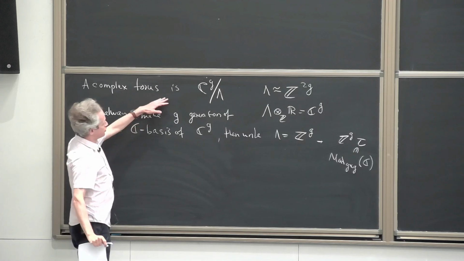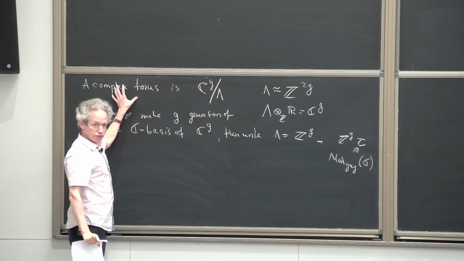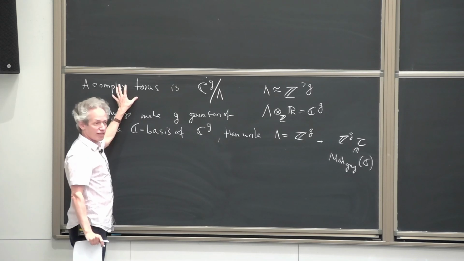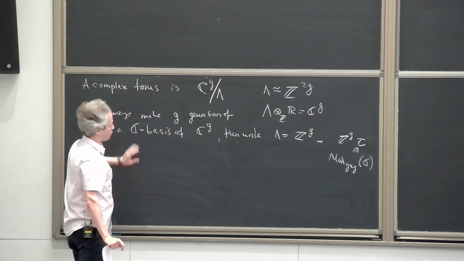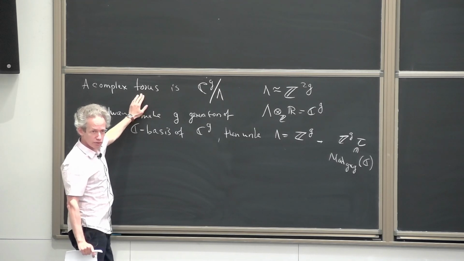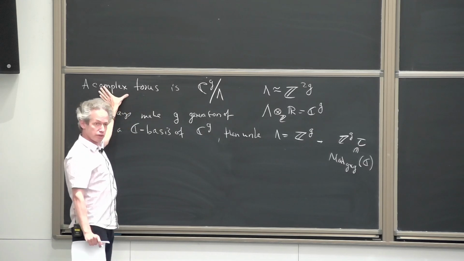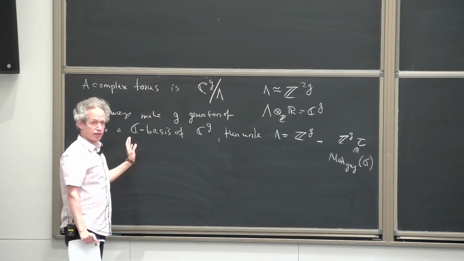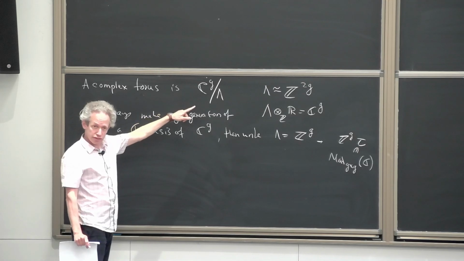If you have a good taste in mathematics, you know that when I say the word complex torus, you should be unhappy. One should define some category, right? And one should talk about morphisms and so on. I'm not going to do that, but we should think about morphisms of complex tori. So what do I mean when I say a morphism? This means in the category I operate in, which means complex, I need to have holomorphic maps of complex tori, right?